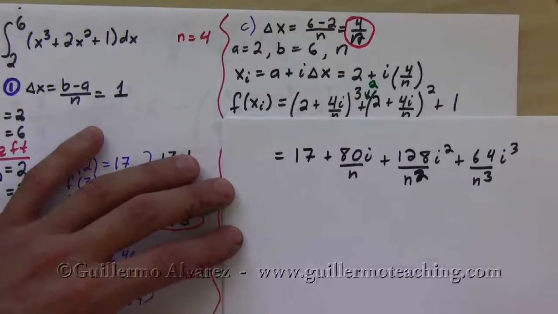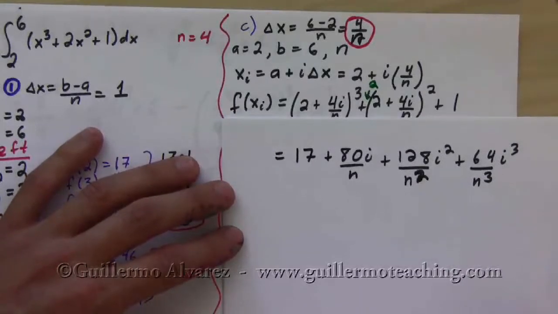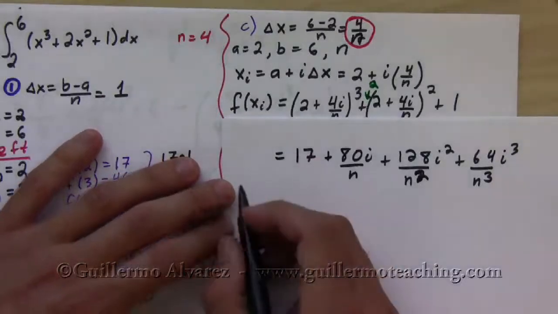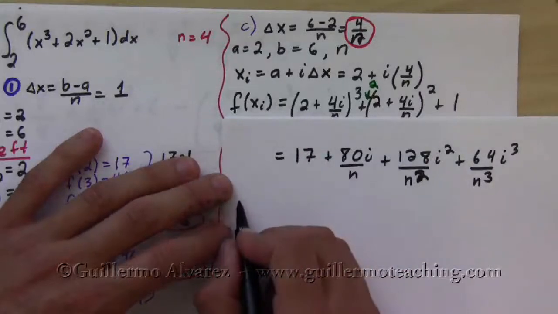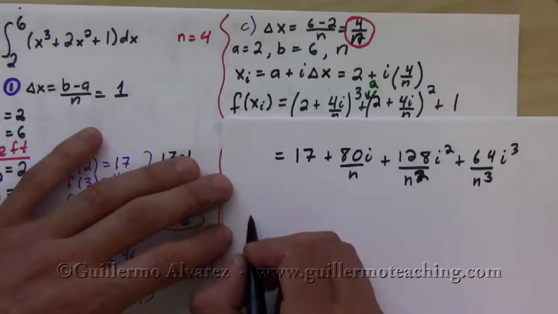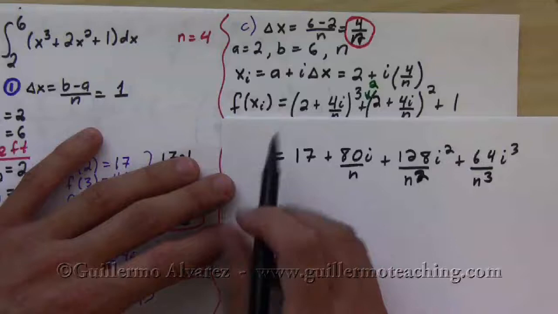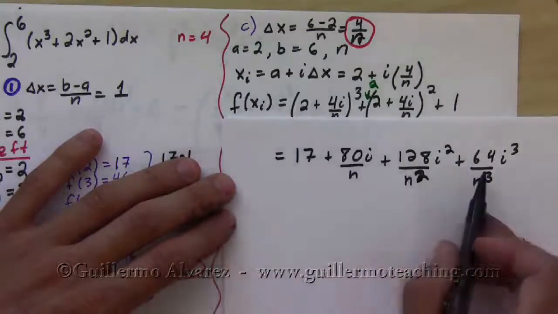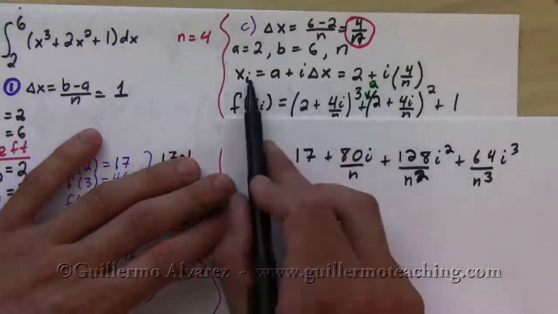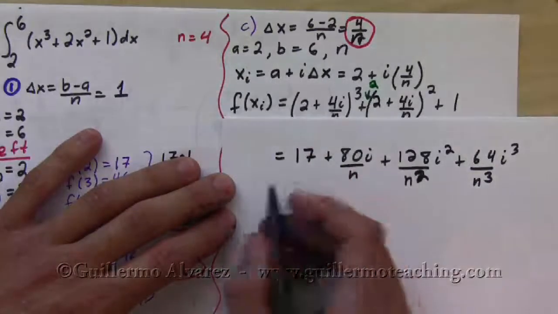Okay, now, so then what I'm looking for, I want to find the limit as n goes to infinity of the sum. So I have f of x sub i, and delta x is 4 over n.